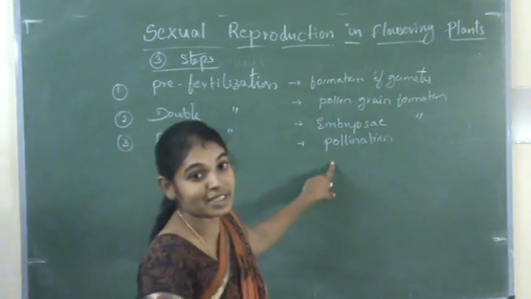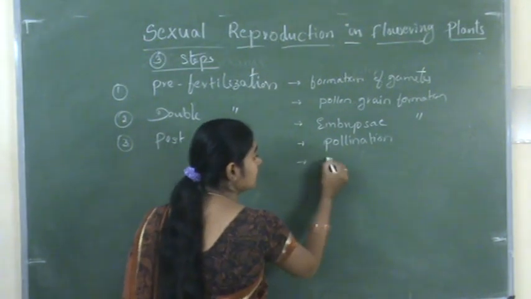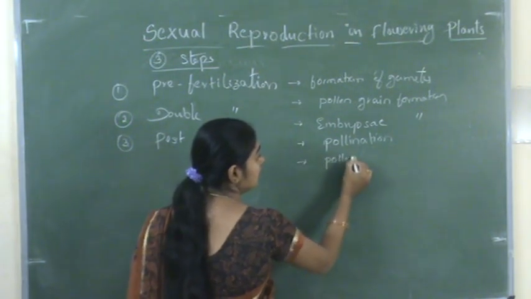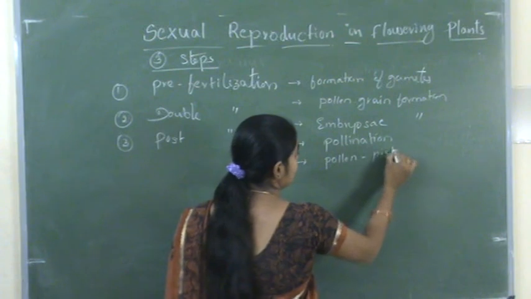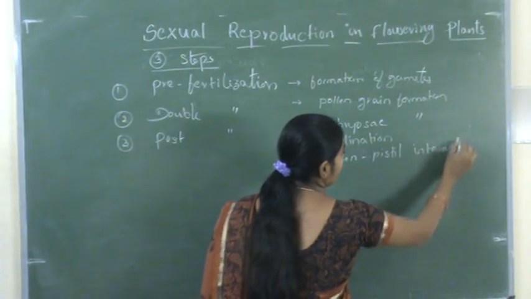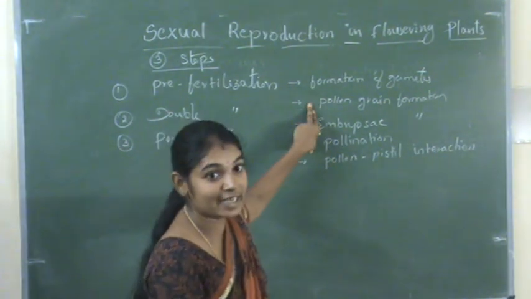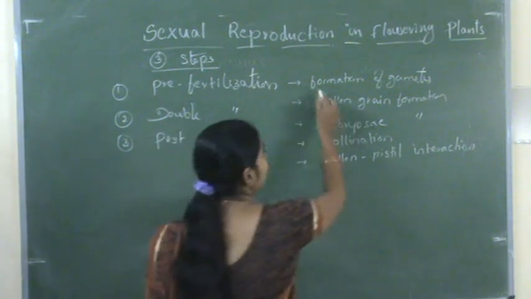Pollination is the transfer of pollen grains to the stigma, and pollen pistil interaction. So these are the pre-fertilization events.